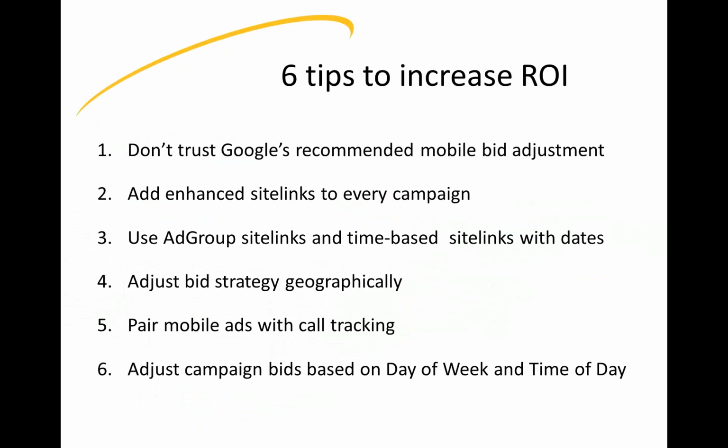And then lastly, adjust those bids based on day of week and time of day. In Google, there's a tab on each campaign that says Dimensions, and under that Dimensions tab, you can actually segment the performance of your campaign by day of the week or by hour of the day, and that's a great place to get started to better understand which days of the week people are most likely to click on your ads, and if you're tracking conversions, when they are most likely to convert, either into a lead or maybe registering for an open enrollment course directly through your website.